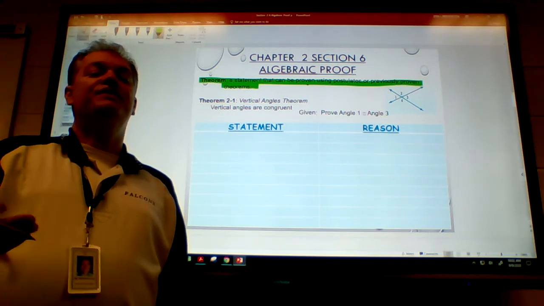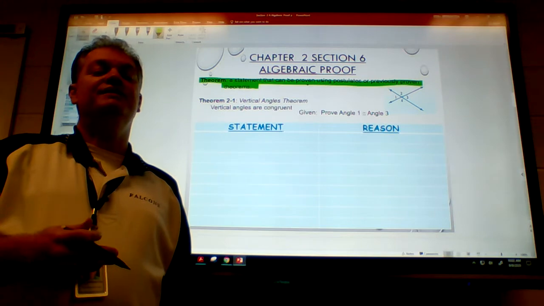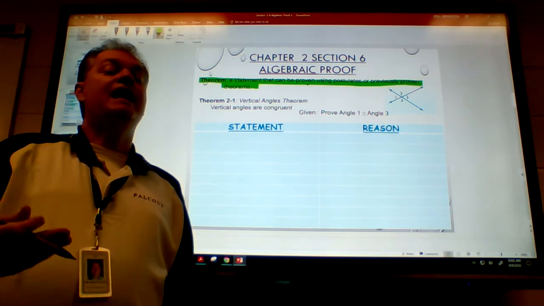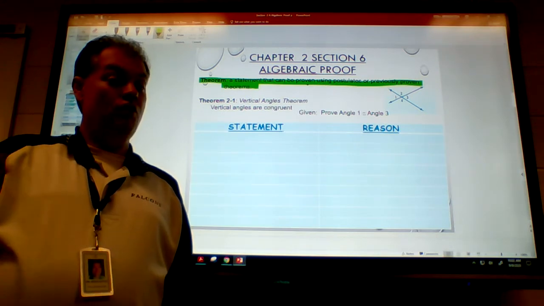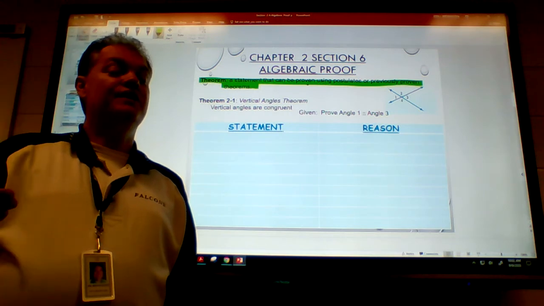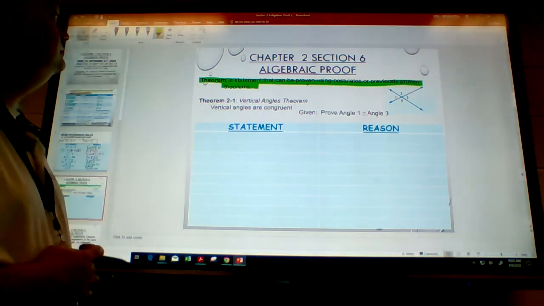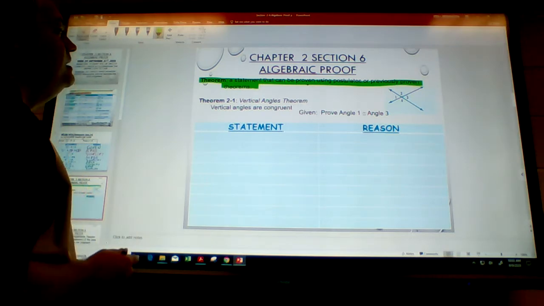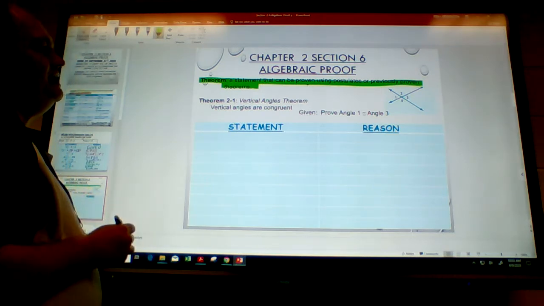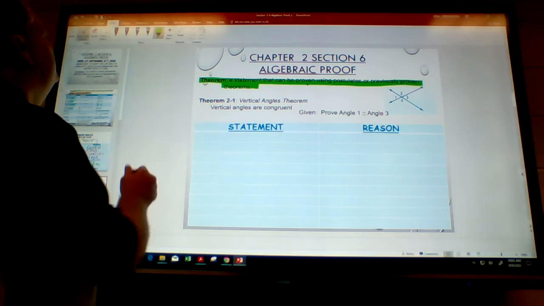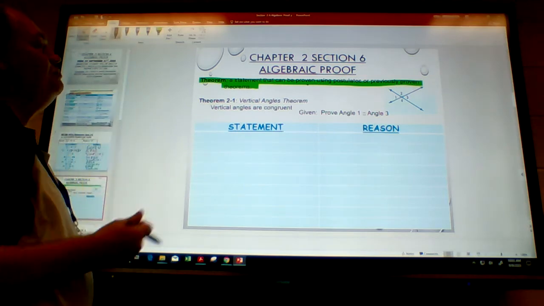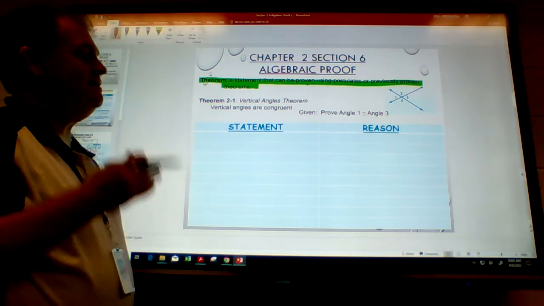So we can prove a theorem by using postulates that we've already covered and/or theorems that have already been proven. All right. Now, here's the thing. In this particular proof, we're not actually verbally given anything.